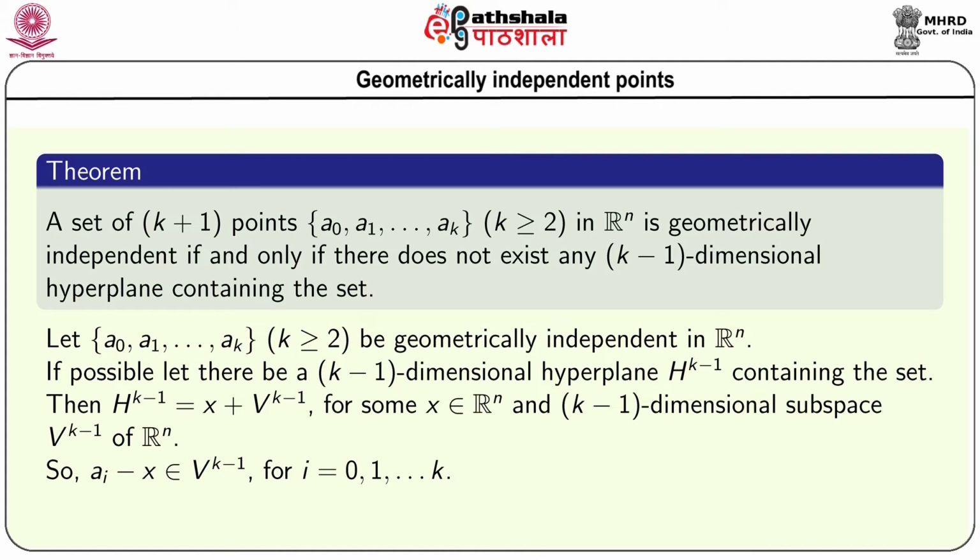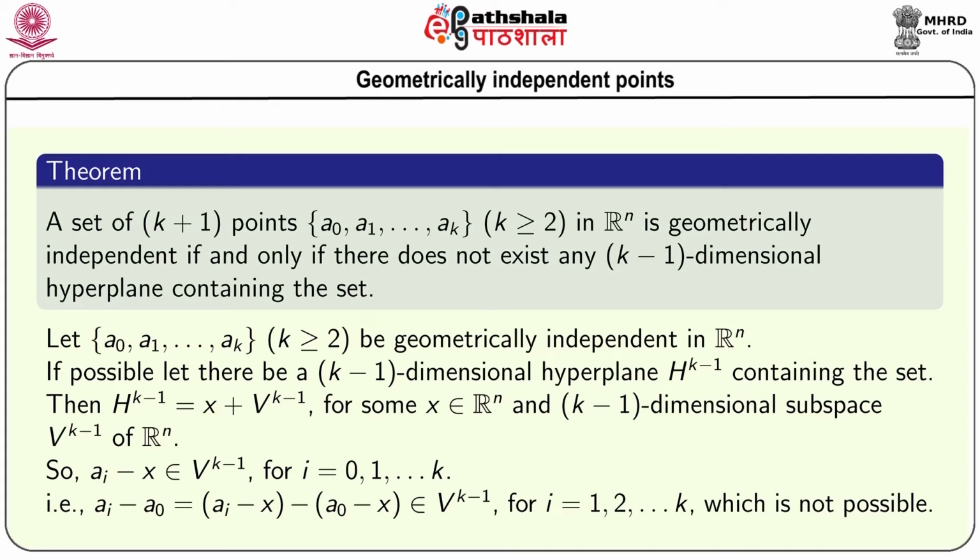So, ai minus x belongs to Vk minus 1 for i equal to 0 to k. That is, ai minus a0, which is ai minus x minus a0 minus x, is a point in Vk minus 1, because Vk minus 1 is a k minus 1 dimensional vector space, which is not possible.